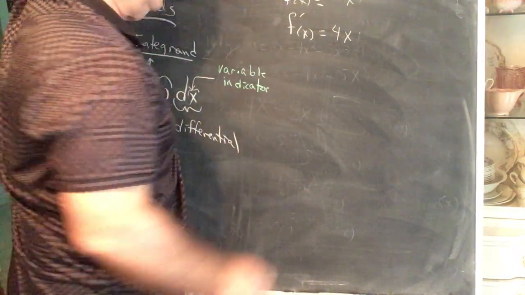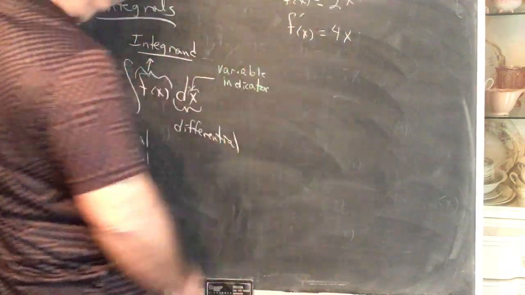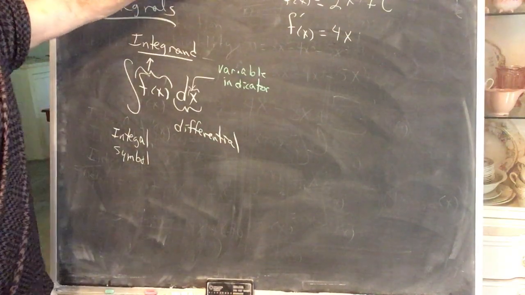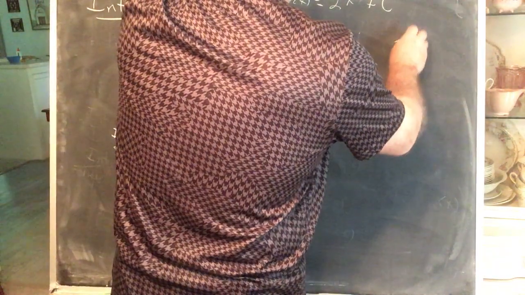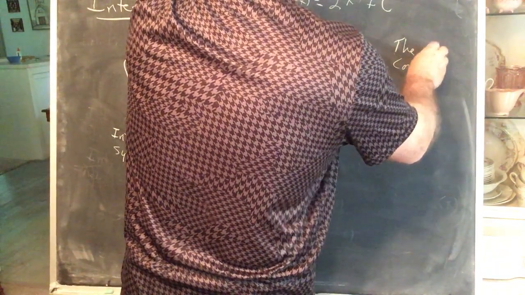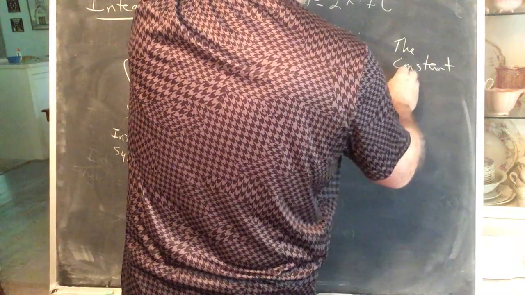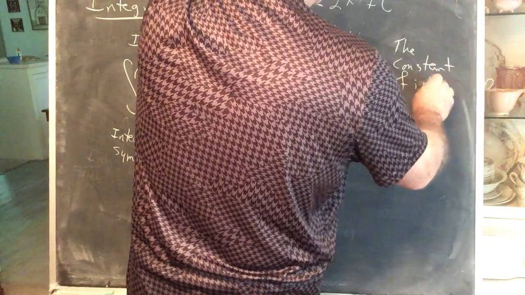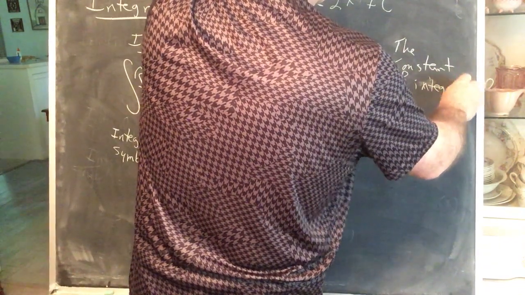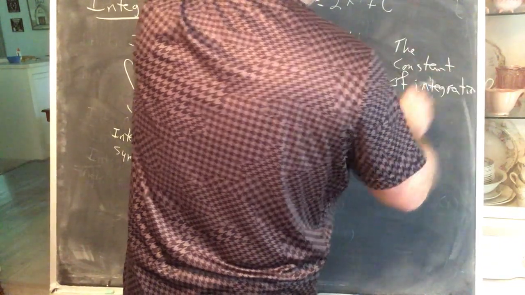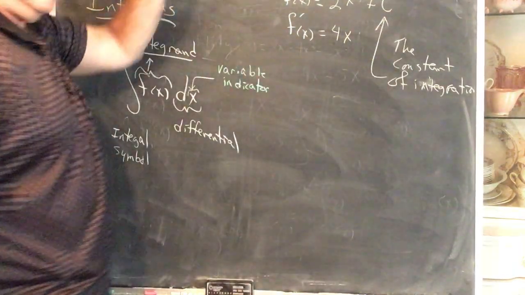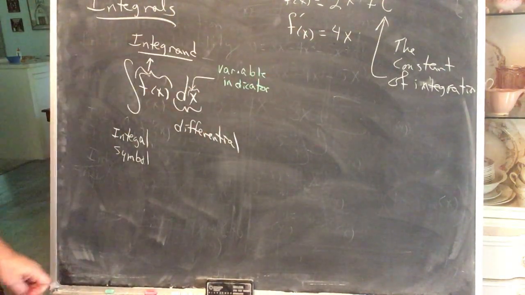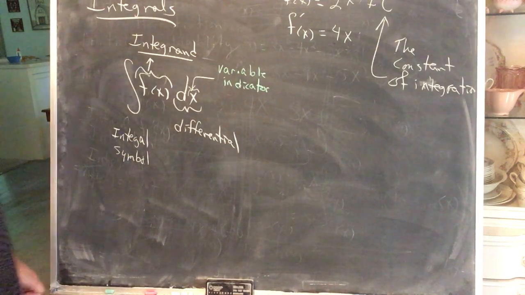So 4 divided by 2 is 2. And now, we also need to add, remember, our constant of integration. This is called the constant of integration. We're going to talk a lot about that later on, but pretend you can read my handwriting. It's called the constant of integration.